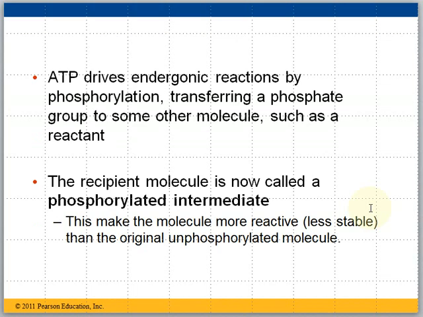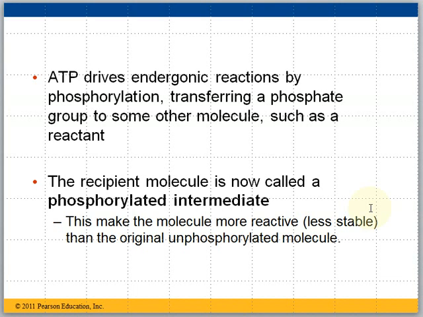So how does ATP drive an endergonic reaction? Well, we said through hydrolysis, one of those phosphate groups is broken off. That phosphate group can then bind with another molecule, and that's called phosphorylation. And when it binds with that other molecule, it sets it up to go ahead and go through its own reaction.